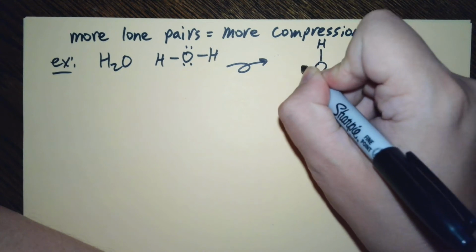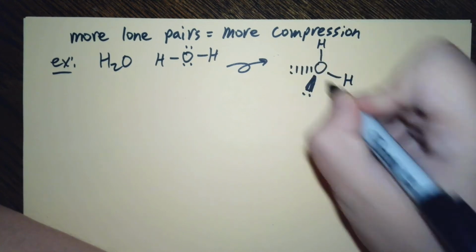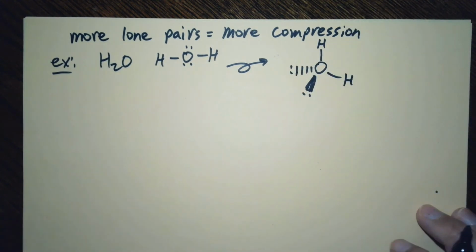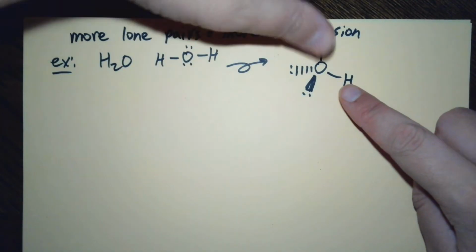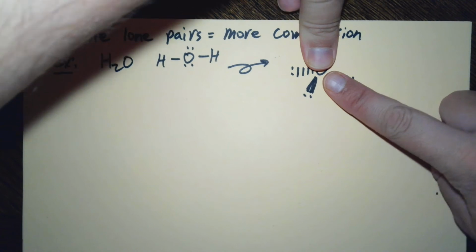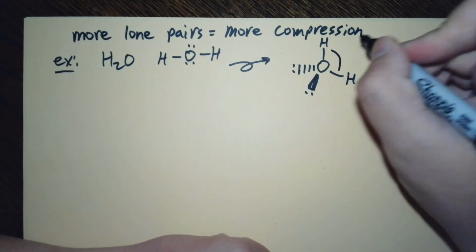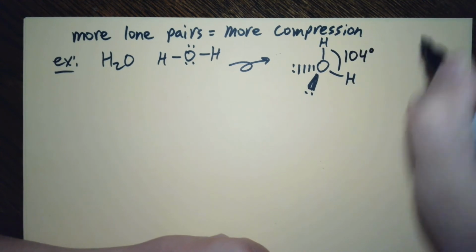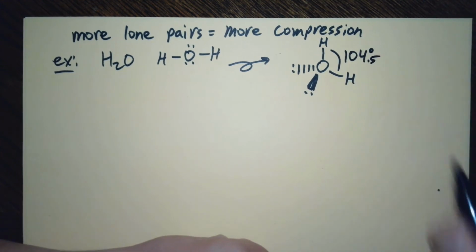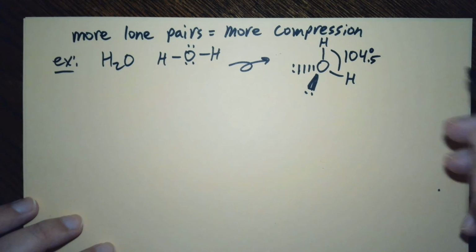Lone pair there. Lone pair there. So it's like so, but those lone pairs are going to squeeze this together even more, and so it's going to be even less than 107. It's going to be 104 degrees, or sorry, 104.5 degrees.